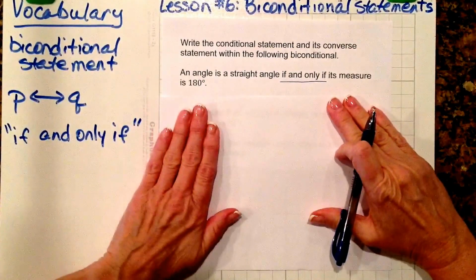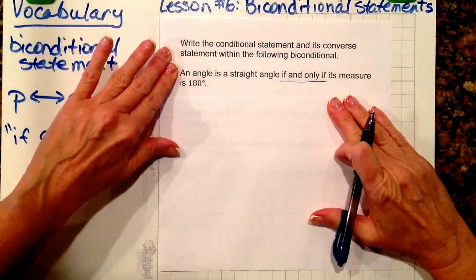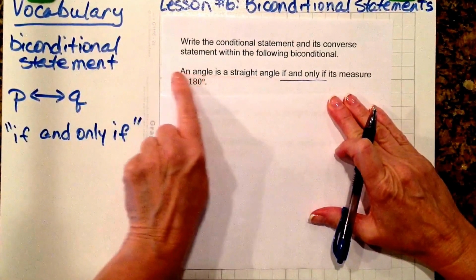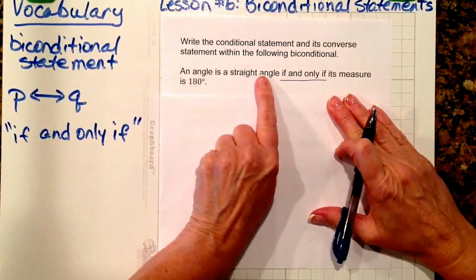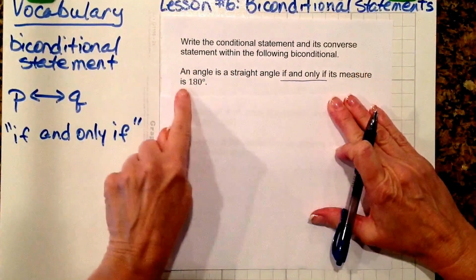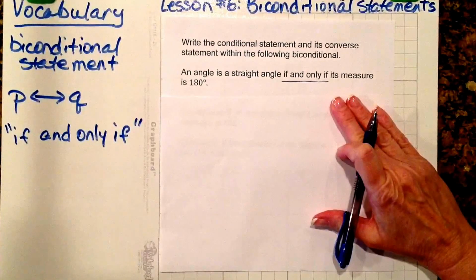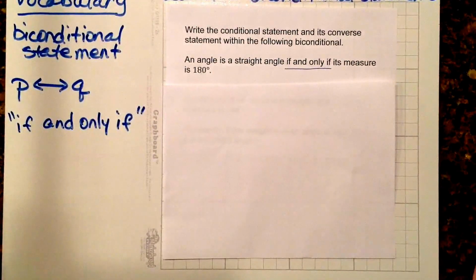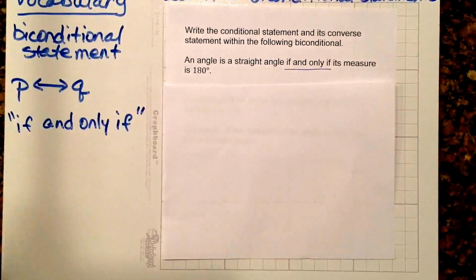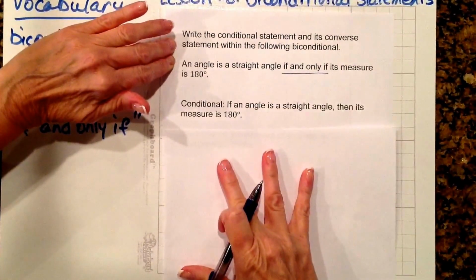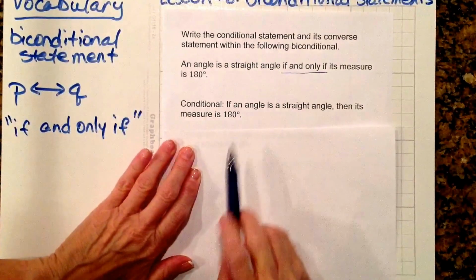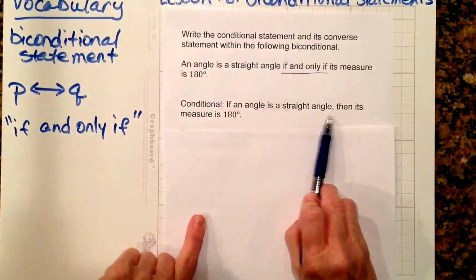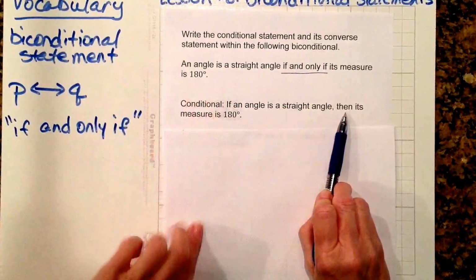Now I want you to take that and write a conditional statement and its converse. So I'm going to take this first part as my hypothesis. Then I'm going to take this last part as my conclusion. Now remember, if you do a conditional statement, it's if P, then Q. So let's look at what that would be written as. Okay, so if, here's my hypothesis, an angle is a straight angle, then its measure is 180.